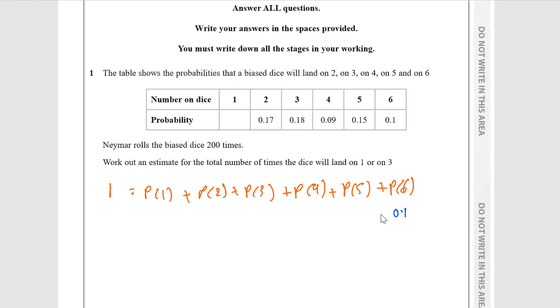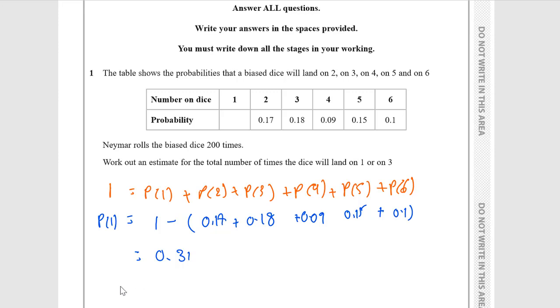So it's 0.1 plus 0.15 plus 0.09, 0.18 plus 0.17. All of this subtracted from 1 will give you P1. So our answer will be 0.31 if you use a calculator.